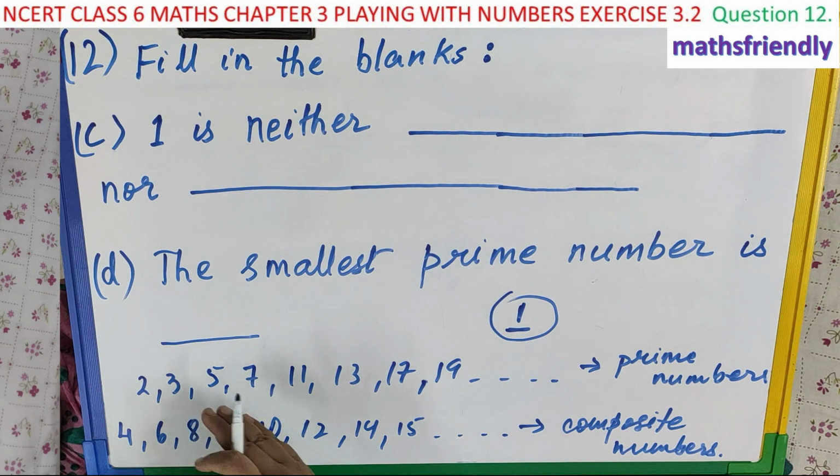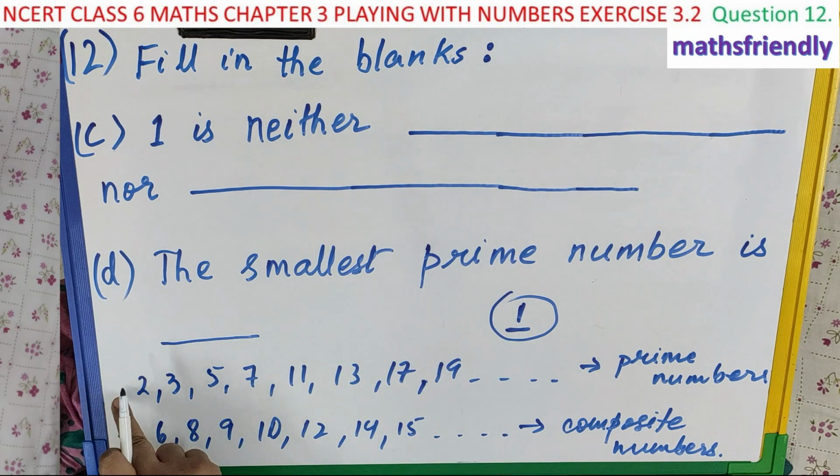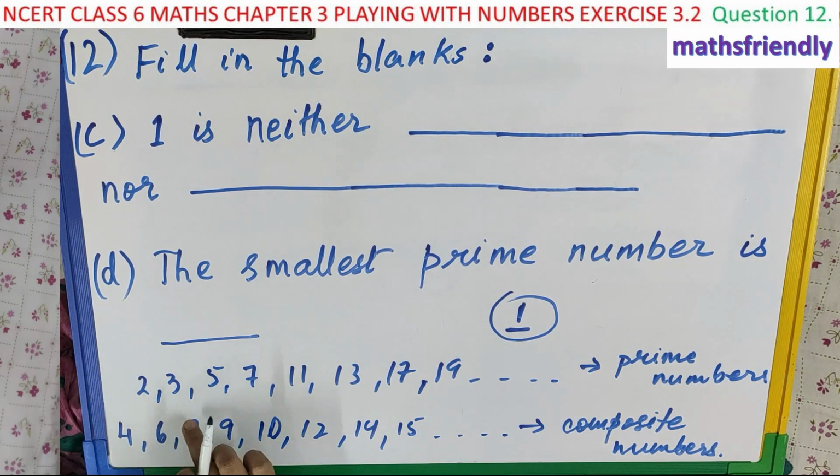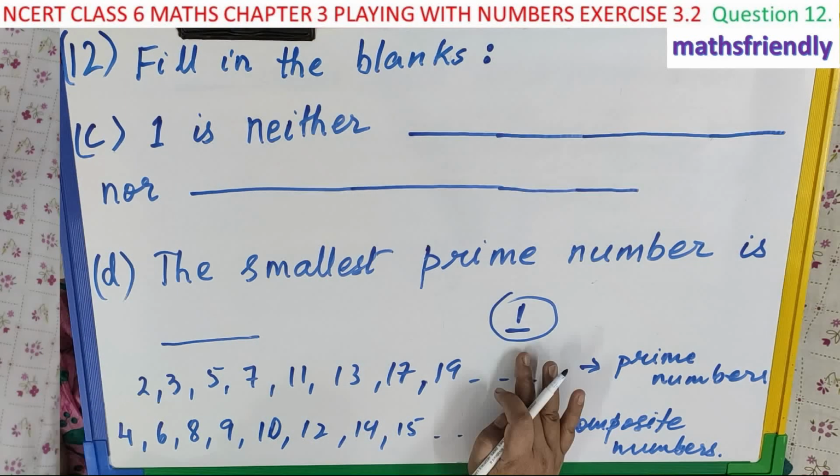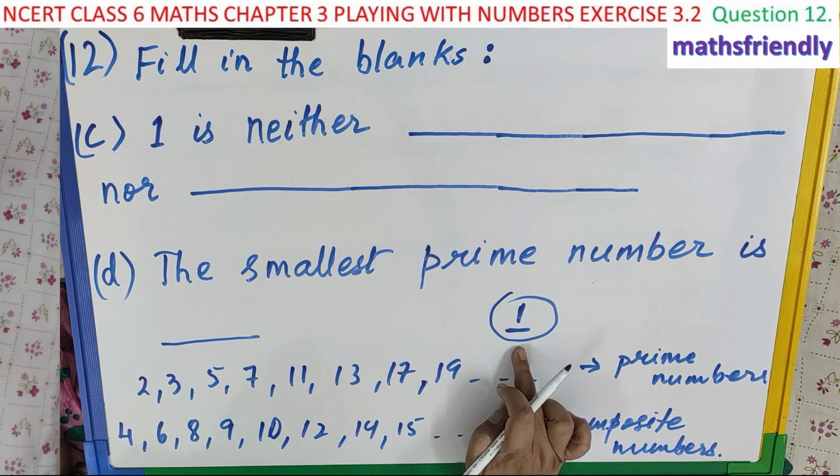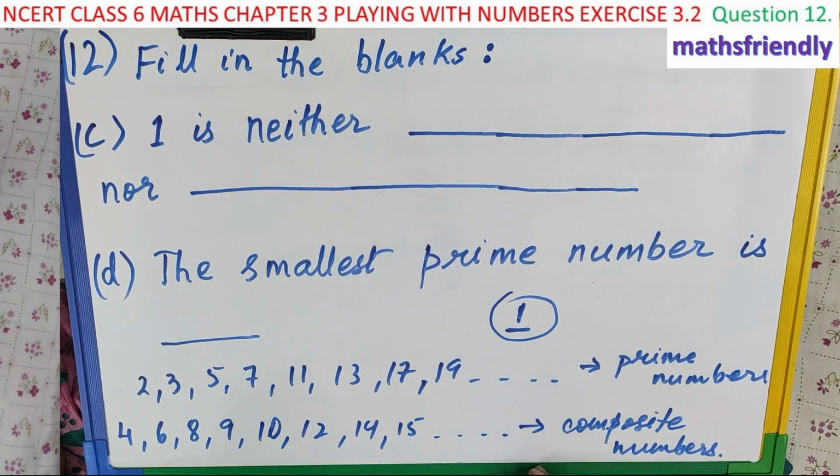If it were a prime number or a composite number, we would have included 1 either in this list or in this list, right? But 1 is neither a prime number nor a composite number. So it is not present in the prime numbers, and it is not present in the composite numbers either. But we have to see why 1 is neither a prime number nor a composite number.